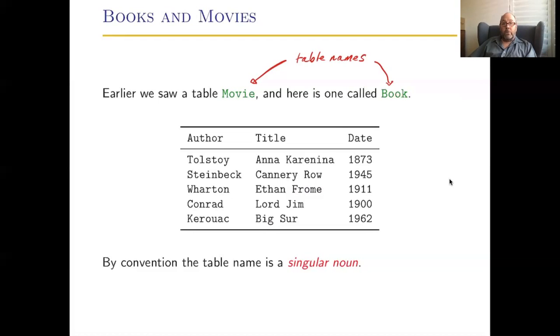I've stored 3 columns, so there's 3 bits of information about each book that are being stored: just the author and the title and the date of publication. Maybe this is my list of classic books that I want to read by the end of the year.